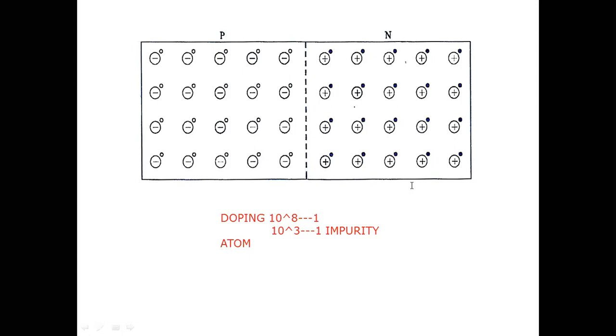So for every 1 crore atoms, I am adding one impurity atom in PN junction diode. But in Zener diode, I'm increasing the doping concentration much more. Just for thousand silicon atoms, I'm adding one impurity atom.